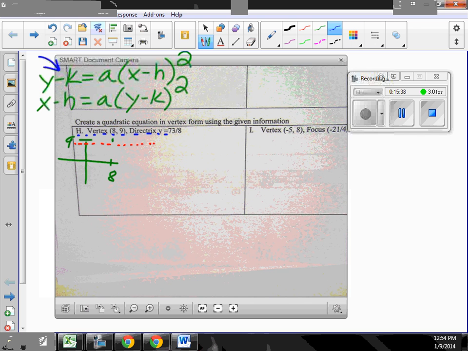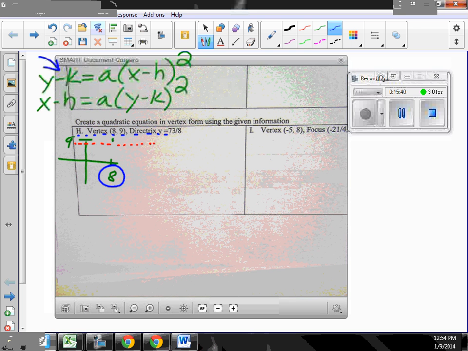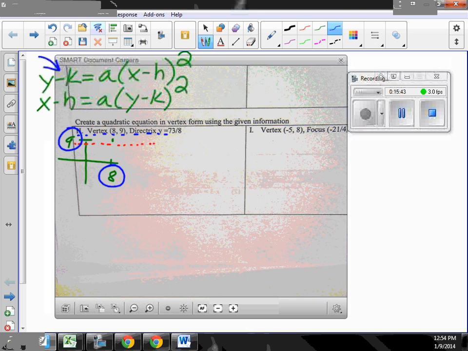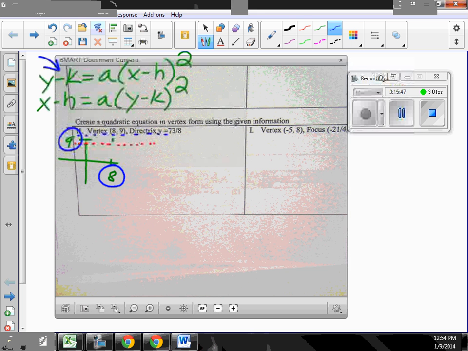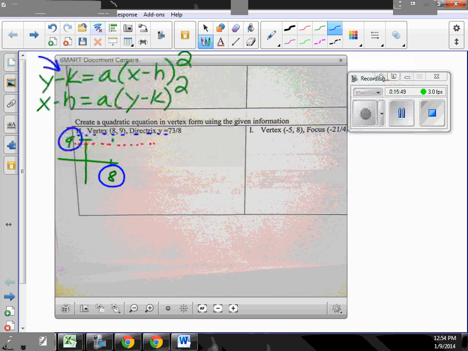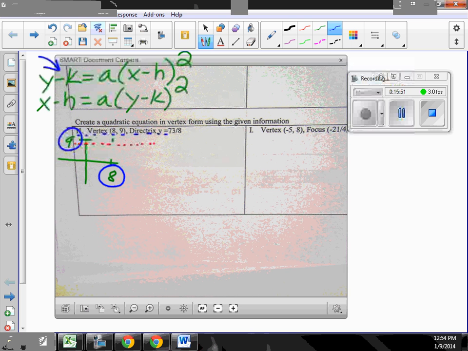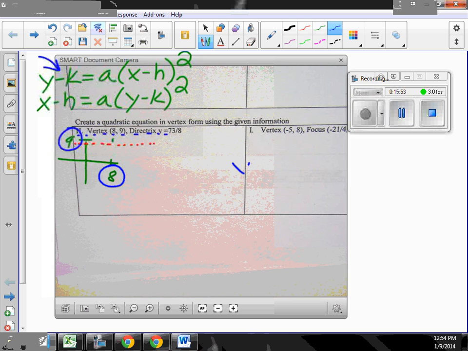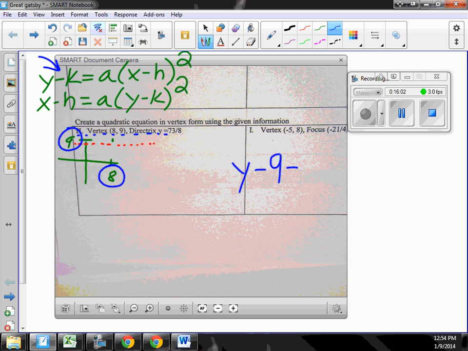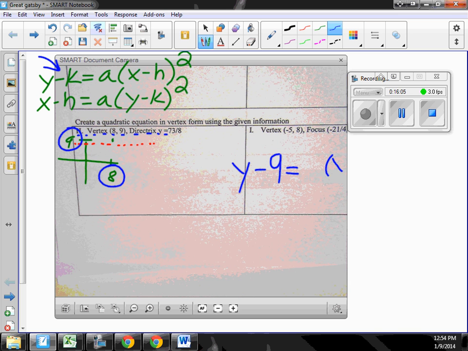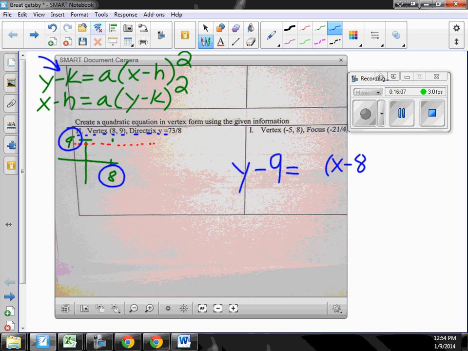Well, I also know my h and my k. That was given to me in the vertex. So I can fill out most of the equation right now without doing any math. So it's going to be y minus my k value, 9, equals, I don't know my a yet, but it's x minus 8 squared.